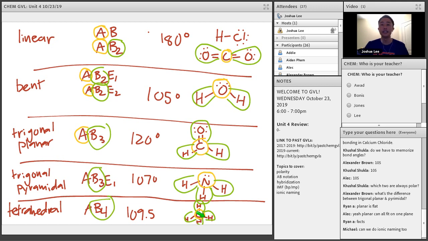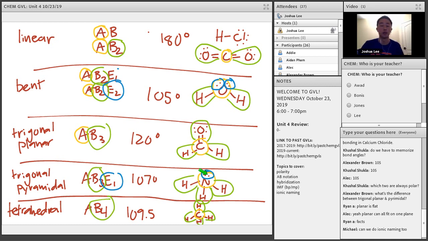Then the E's are unshared electrons. We call these lone pairs because they're pairs and they're by themselves. They're not being shared. So in this case, our E2 would be right here and right here. E1 because we only have it right here, and then none right there. So that's just AB notation.